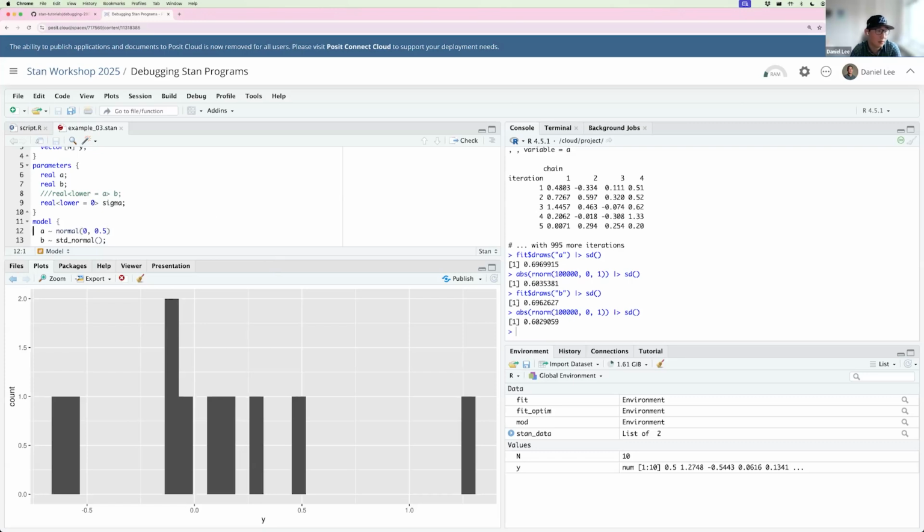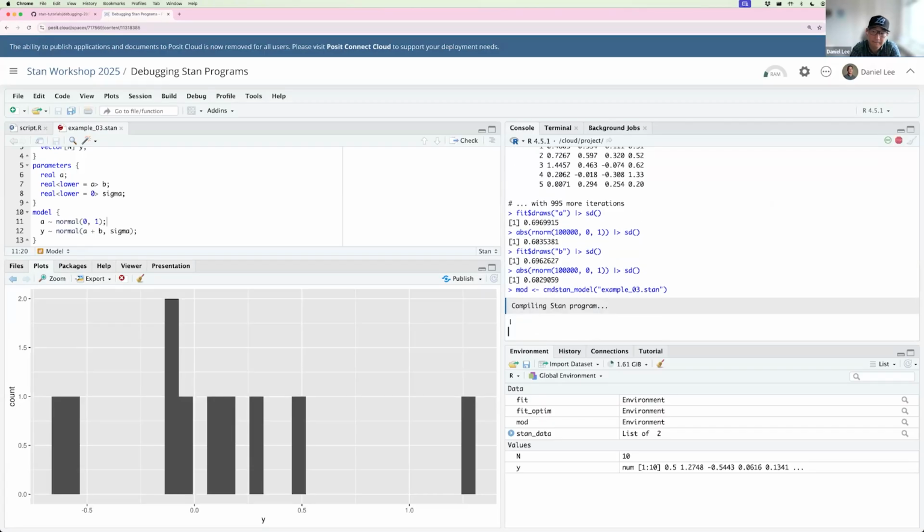All right. The other trick I was going to show was we can do this as a lower bounded variable. Oh, nice.